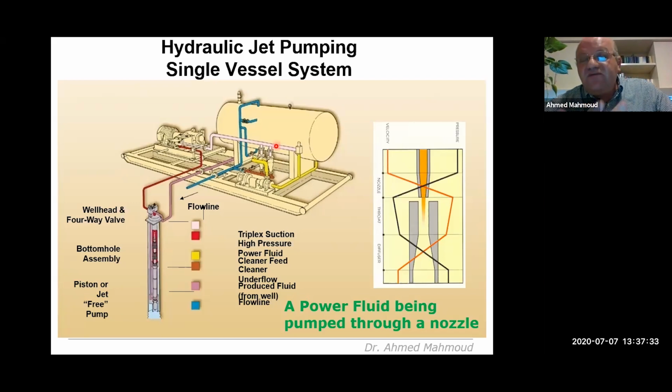And then on the surface, I can collect it all in the separator, and I separate the previous fluid I injected from the oil that came out from the reservoir. And basically, it's a power fluid. The concept of the hydraulic jet pumping is a power fluid being pumped through a nozzle. This is the main concept of hydraulic jet pumping in a nutshell.